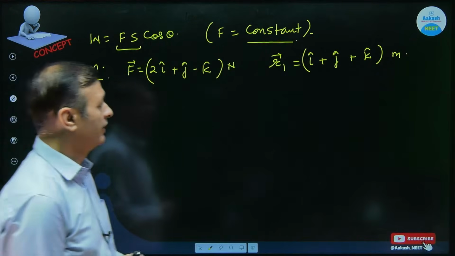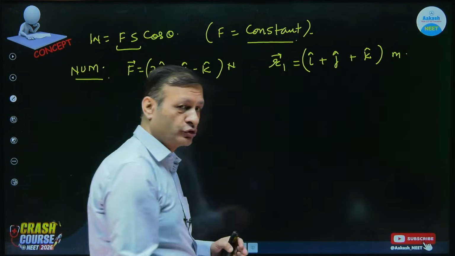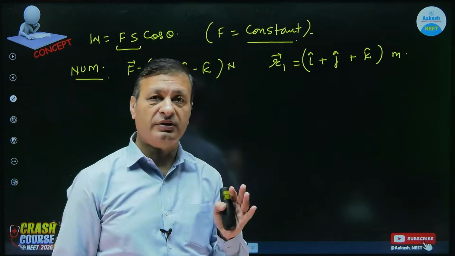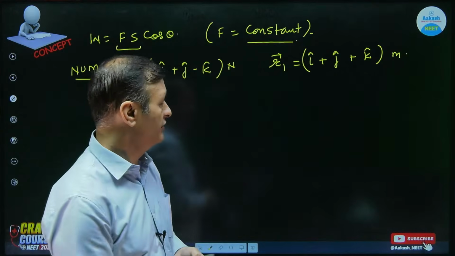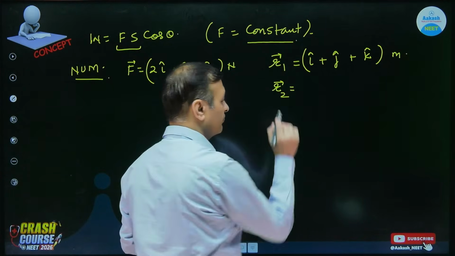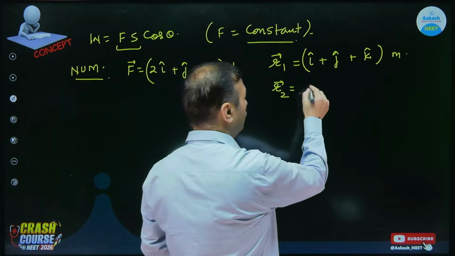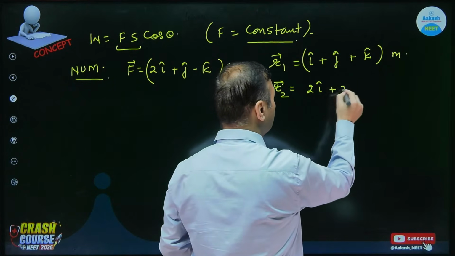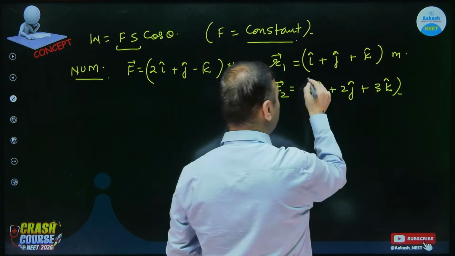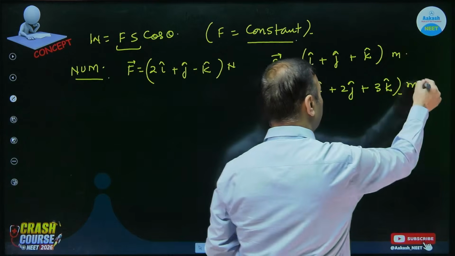Because of this force, the body at position vector R1 gets displaced to a new position vector, maybe R2, and this R2 is 2i cap plus 2j cap plus 3k cap, let's suppose, in meters.